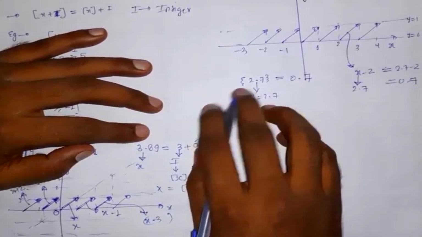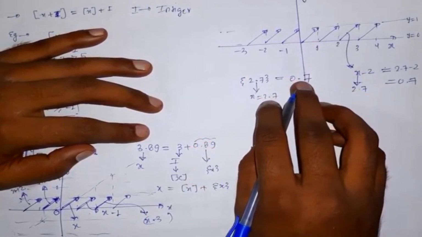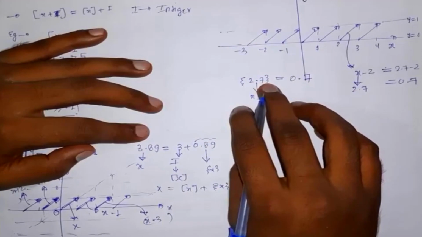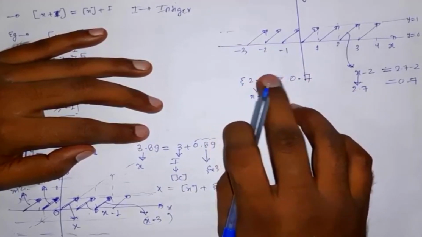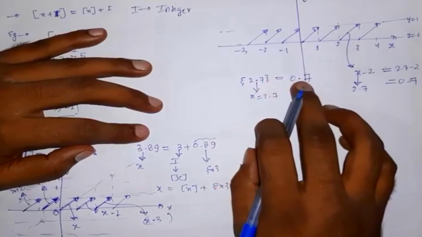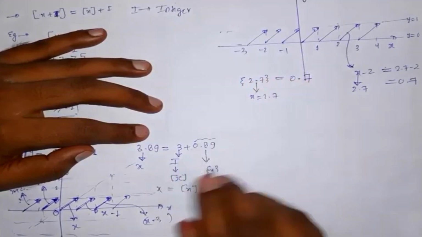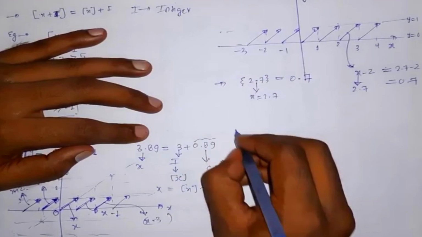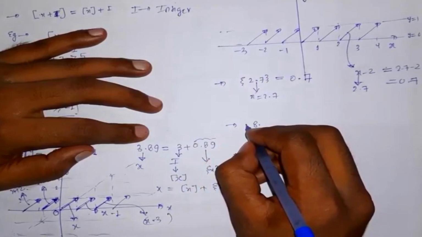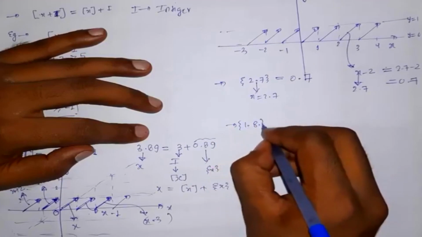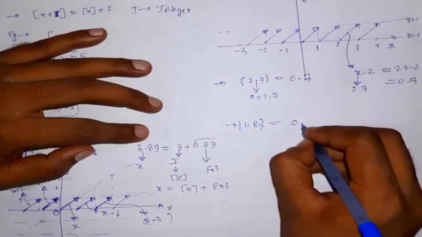So with the help of the graph, we can find the fractional value of 2.7, and by observation we can also tell it. Let me take another example, 1.8. By observation, I can find 0.8.